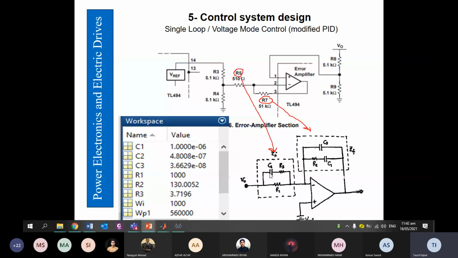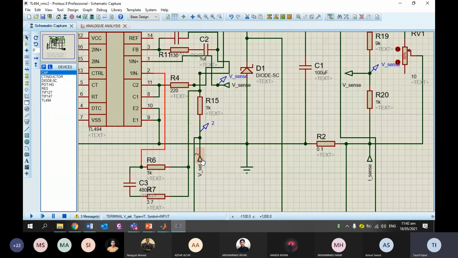So we can see that yes, R1 should be on pin 2 and the reference voltage. R1 is 1K, R3 is 3.7, and C2 is 4.8 e raised to the power minus 7.